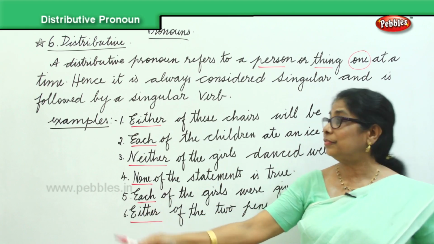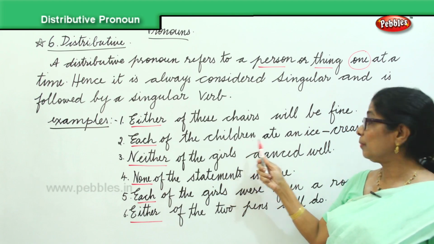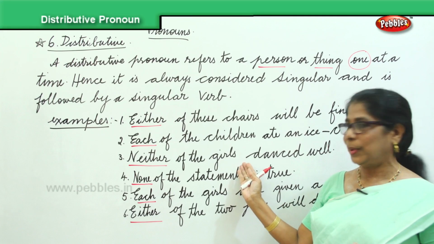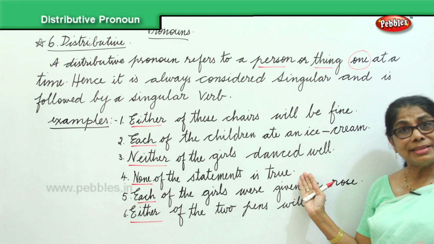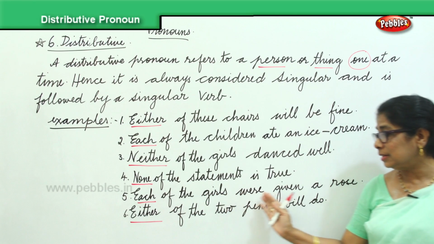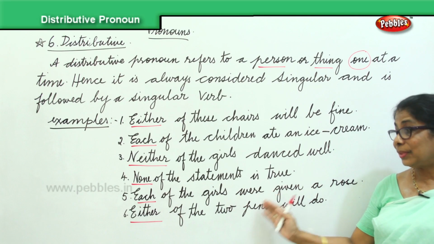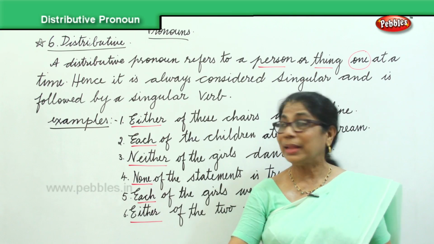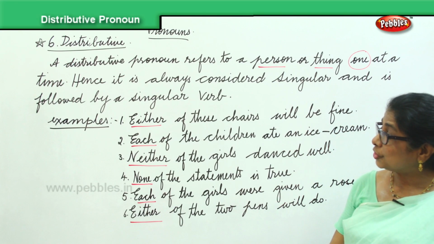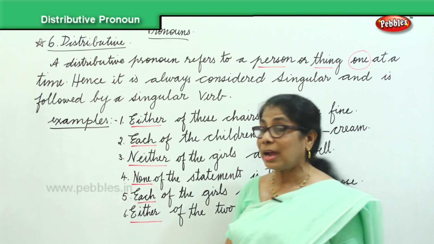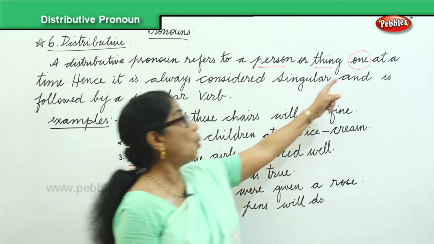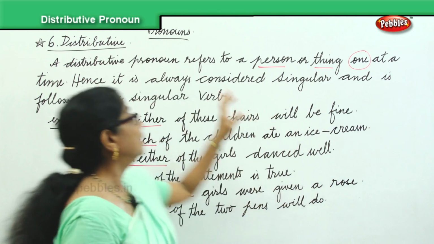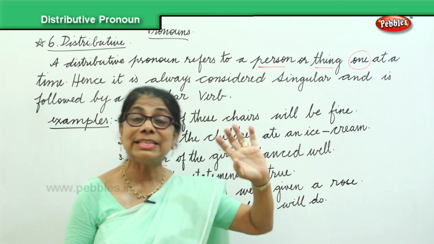Each of the children ate an ice cream. Neither of these girls danced well. None of the statements is true. Each of the girls was given a rose. Either of the two pens will do. So, the words either, each, neither, none, all these refer to one. We are talking about one thing at a time. So, identifying a distributive pronoun is easy.